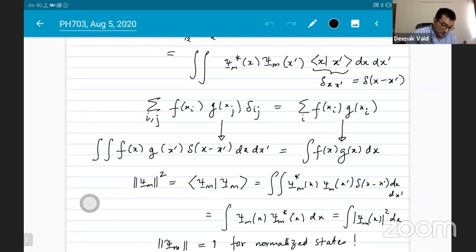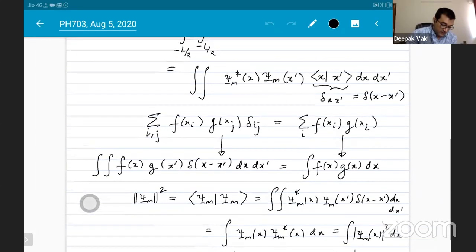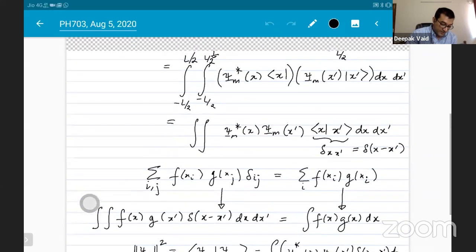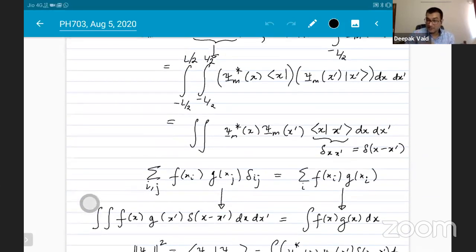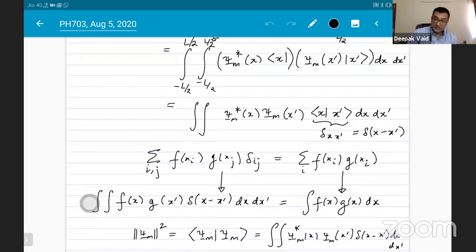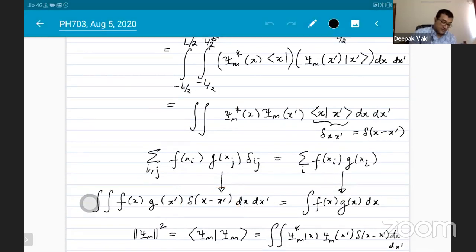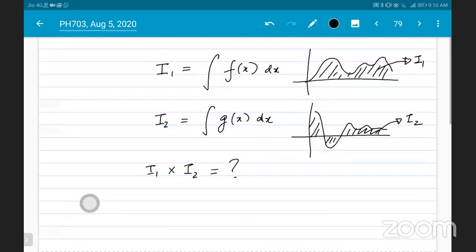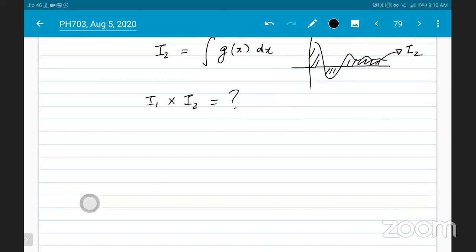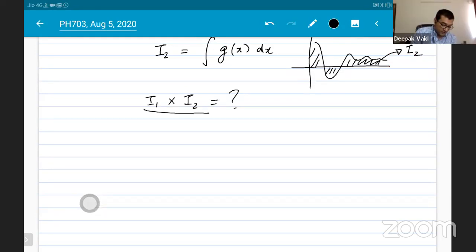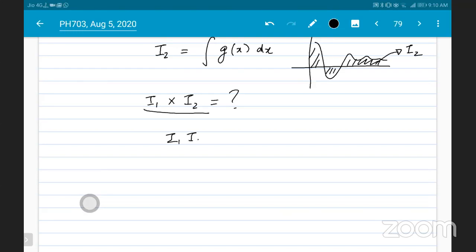Now let me tell you why that is not exactly the case. It is not the case because of the presence of this delta function. Is it like the delta function takes up one dx? So for instance, if I was to write I1 times I2, what would it be?